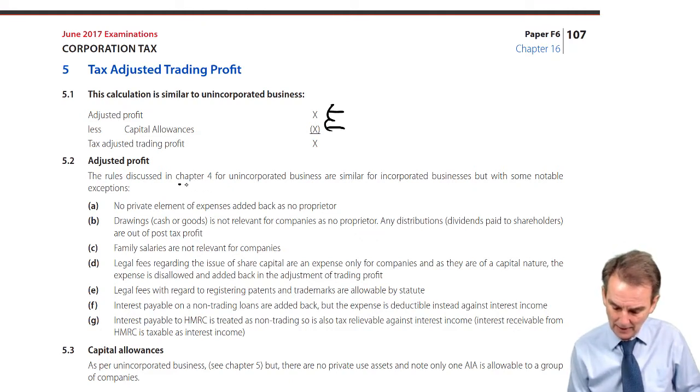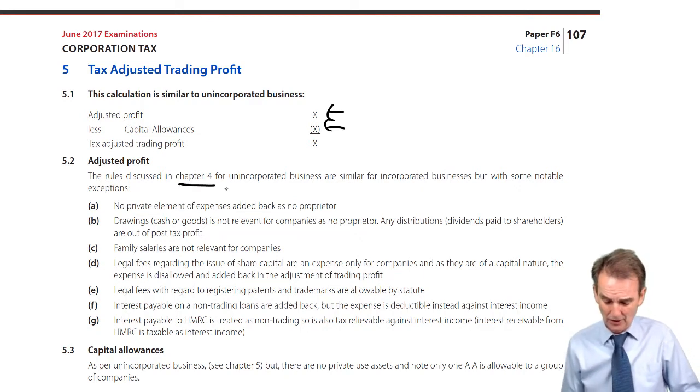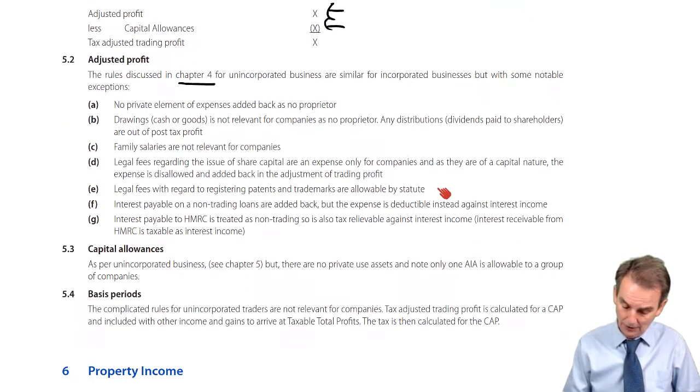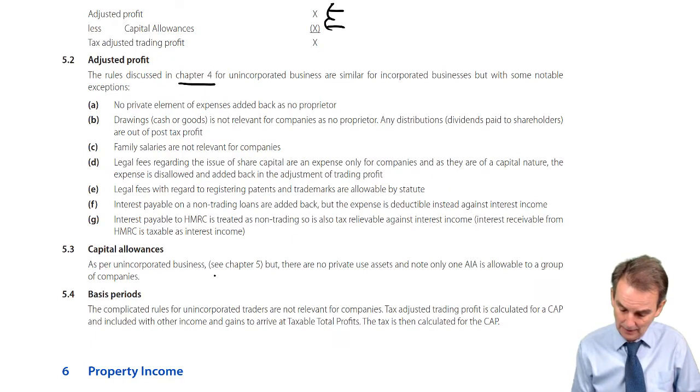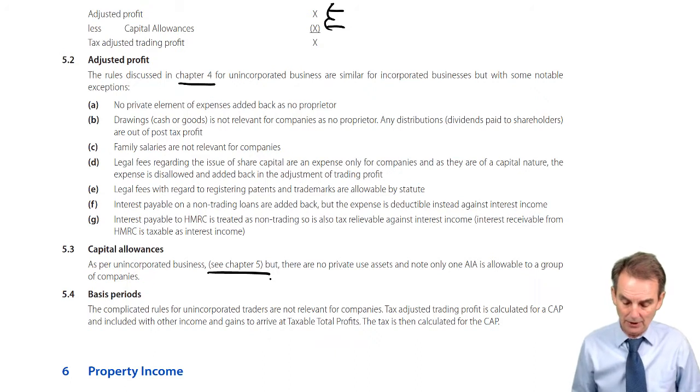As I've referenced there, Chapter 4 is where we dealt with the adjustment of profits so far as income tax was concerned, and also for capital allowances here was Chapter 5, where we dealt with income tax for unincorporated businesses.